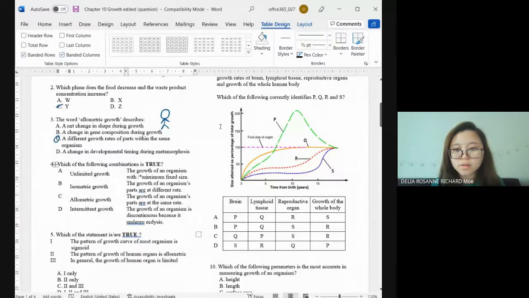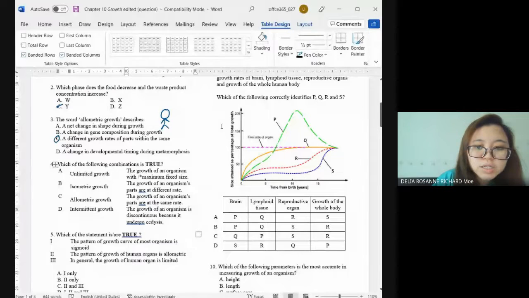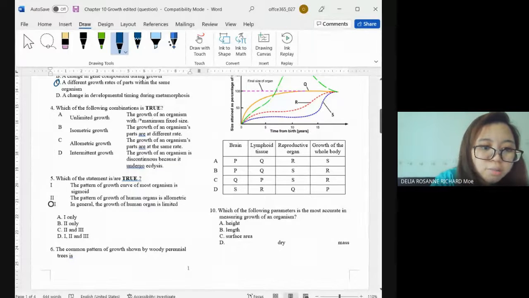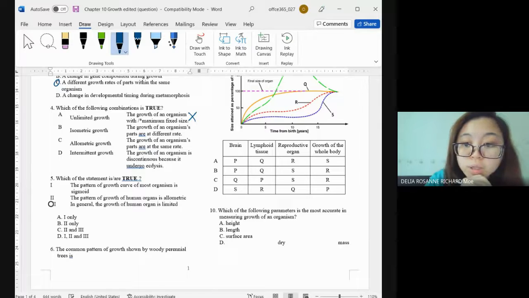Okay. Right, so for question number 4, which of the following combinations is true? Untuk A, unlimited growth is when the growth of an organism is with maximum of fixed size. So question A, option A is incorrect.